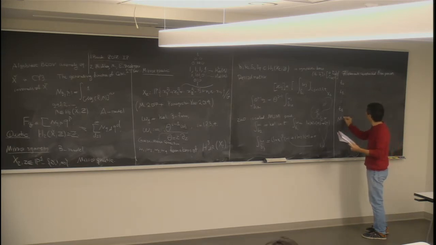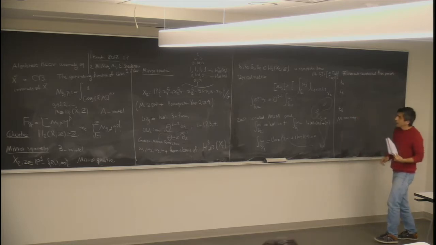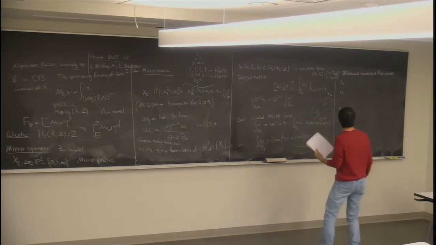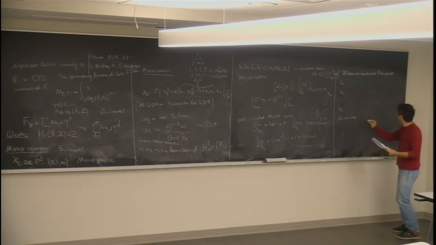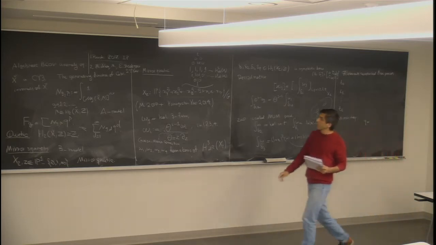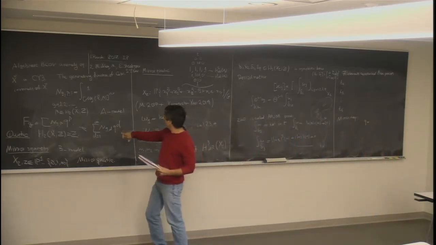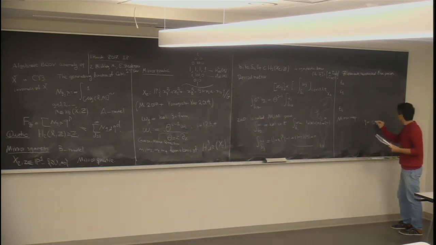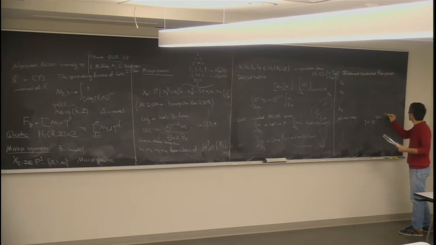This is called the mirror map. This q variable, which at the end of the day will be this q variable here. What will this q variable be? You will define it as e to the 2 pi i times the logarithmic period x_11 over the holomorphic period x_21. So the logarithmic period was exactly this one, and then this was x_1.